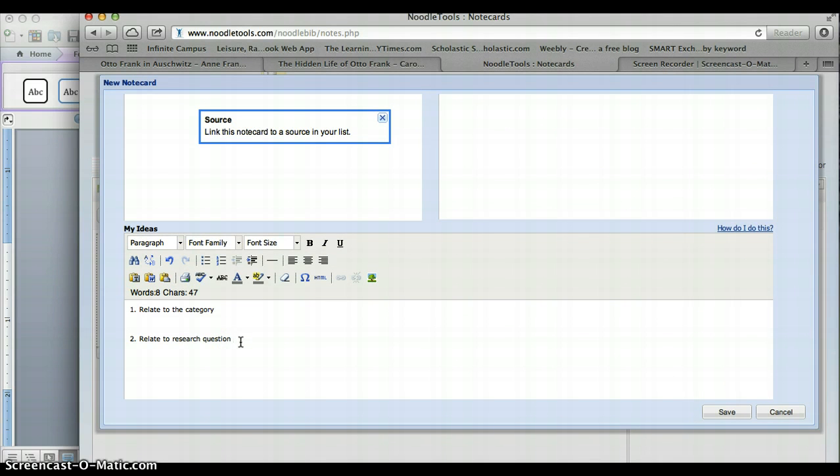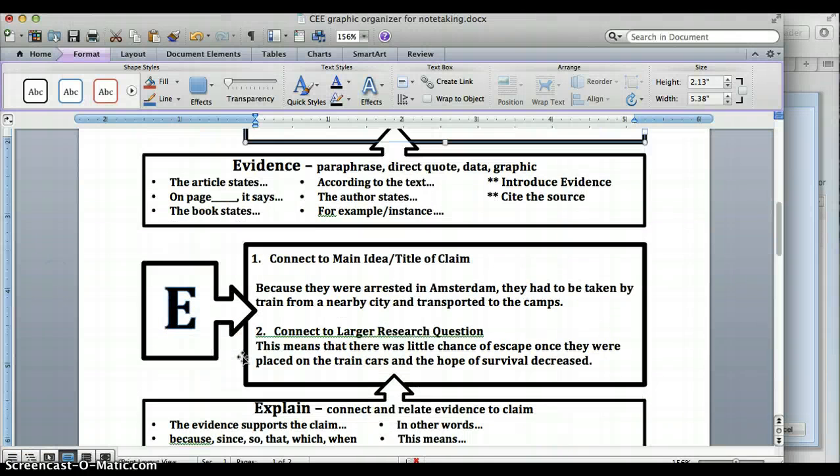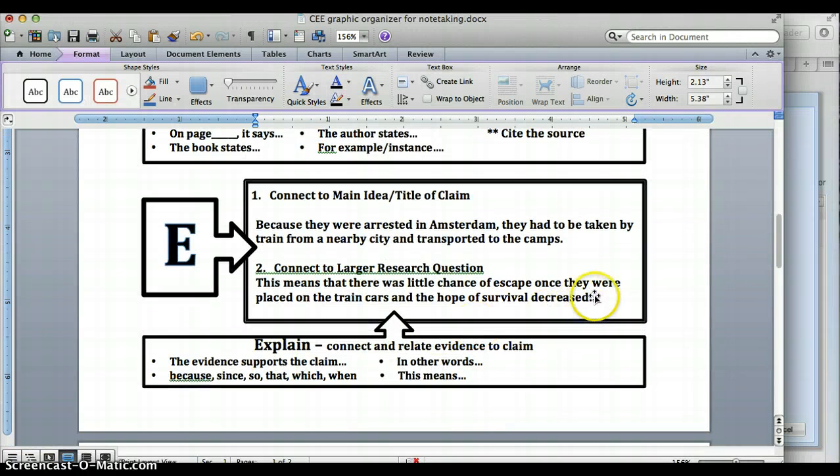This is going to really help you when you go to make your paragraphs and combine it for your essay. Everything should be related, and if you find that you have evidence that isn't really related to your research question, then maybe you don't really need it in your paper. Okay? For our purposes, we're just going to go ahead and copy and paste our explanation that we had from yesterday.